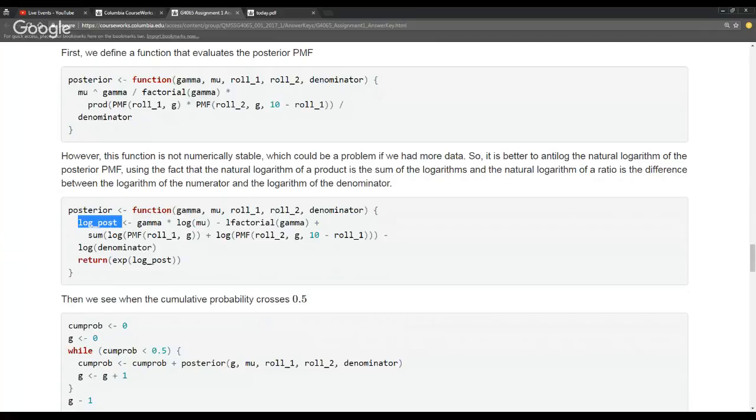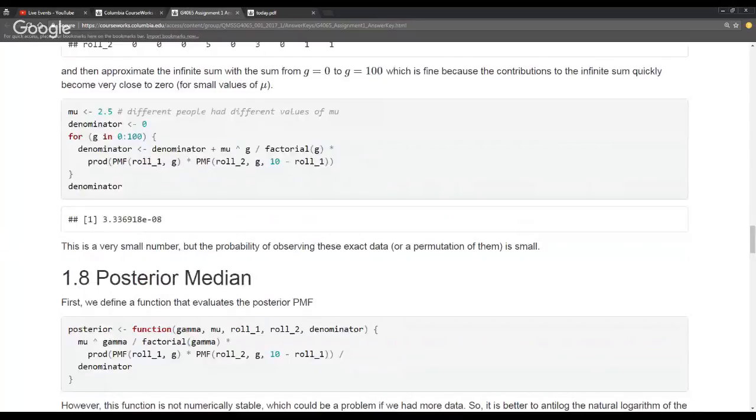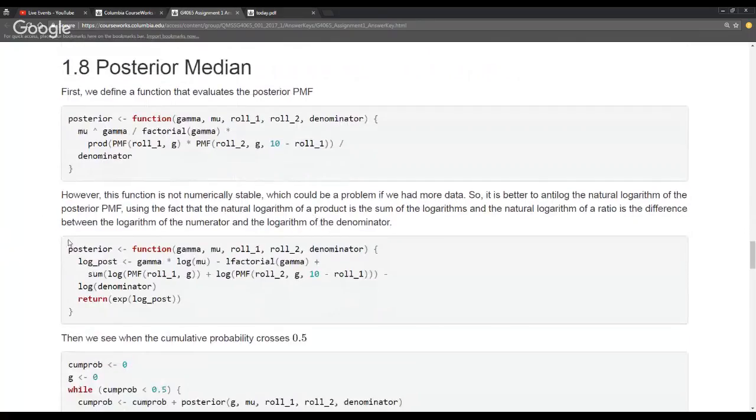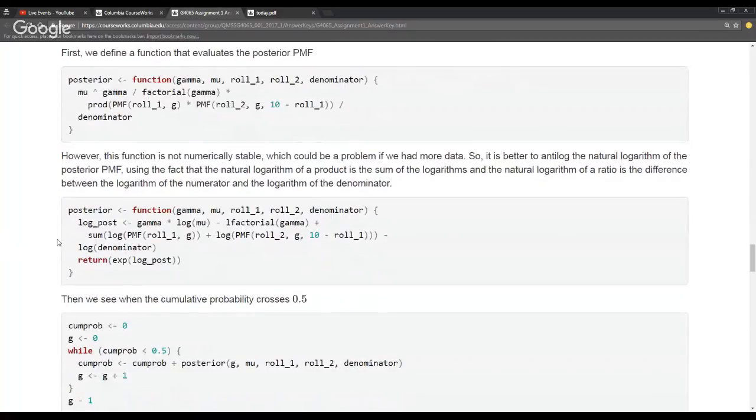And if you need to, you can EXP that at the end to get back to the original units, but doing so in a way where the whole thing is going to be calculated more accurately than if you literally applied the math that I developed previously. So we'll see plenty of opportunities to do that, particularly as we get into writing Stan code in April.